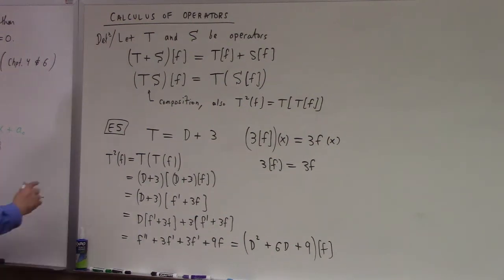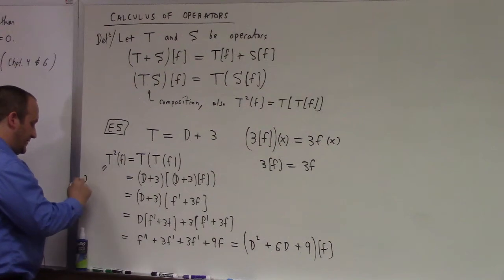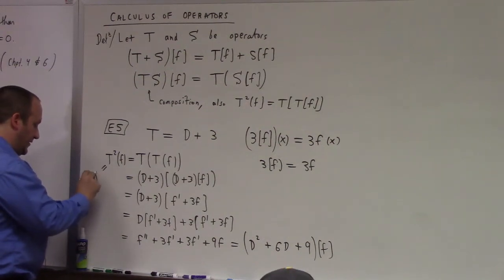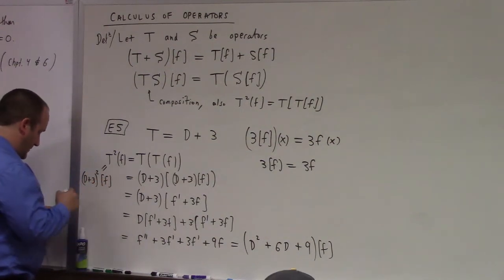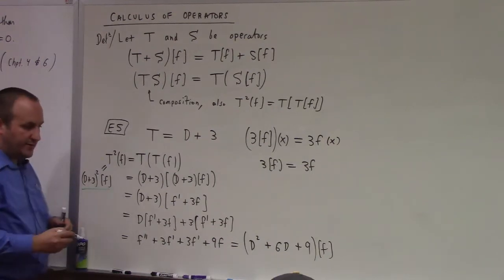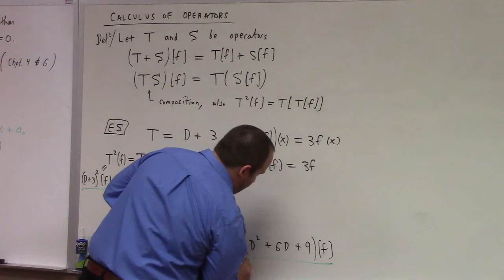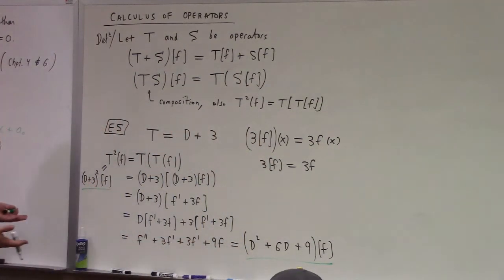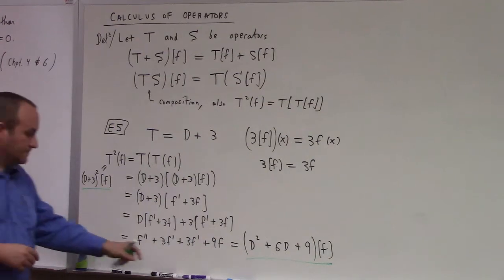Well, that's kind of neat, right? Because this T was really what? This was really d plus 3 squared acting on f. And so, with an operator, to prove an operator equation, what we've just done gives us license to write the following operator equation.